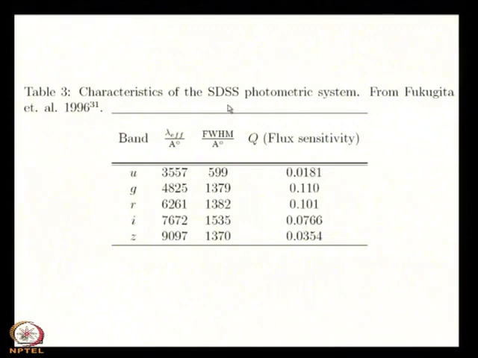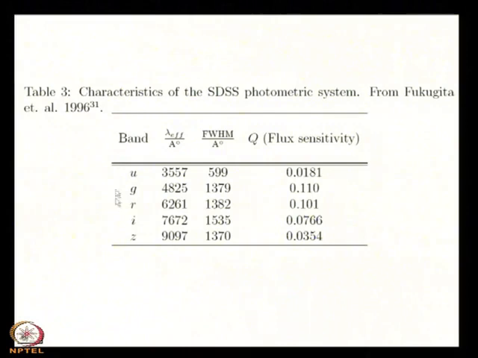So it shows you the photometric system that was used in the Sloan Digital Sky Survey. They have not used these UBV bands. This has surveyed the entire sky. Okay, most of the sky, maybe not the entire sky, but most of the northern sky at least.